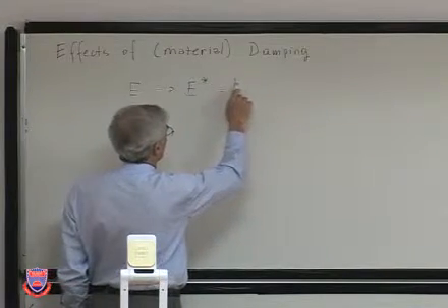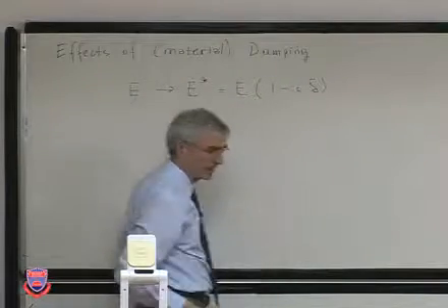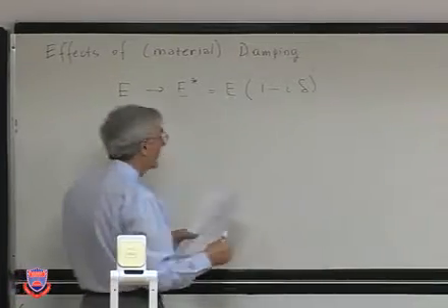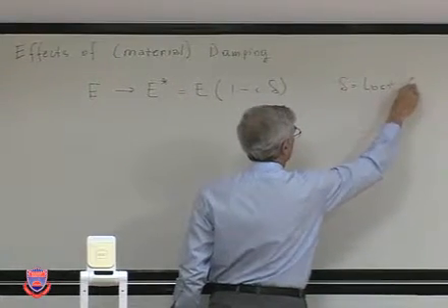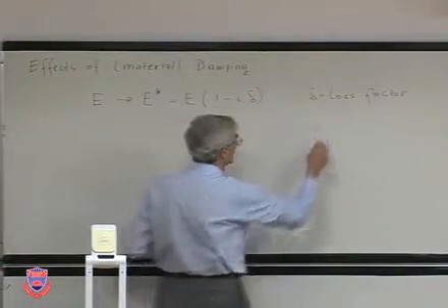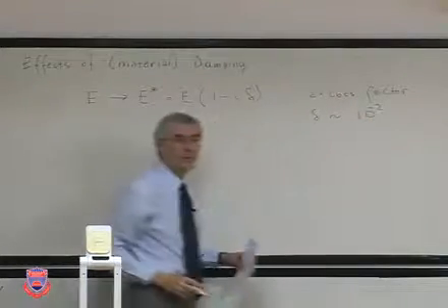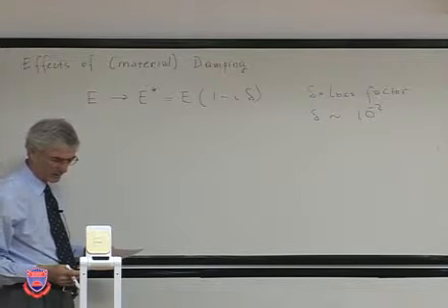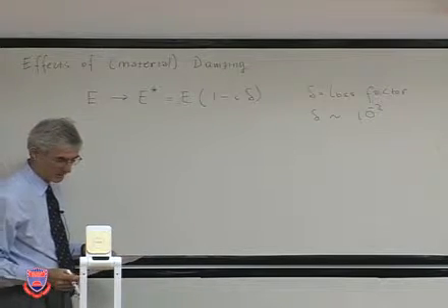The way to do that is Young's modulus times 1 minus some sort of damping factor or loss factor, delta, where delta is called a loss factor. It's usually, for most materials, about 1%, 10 to the minus 2. Using that value usually gives you a reasonable estimate for metals.